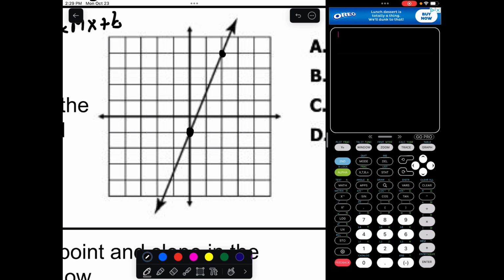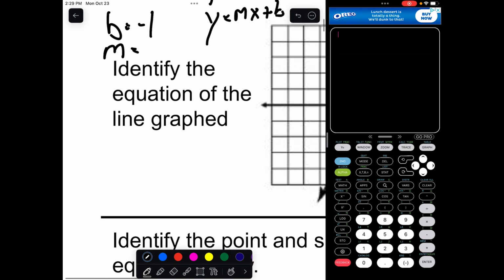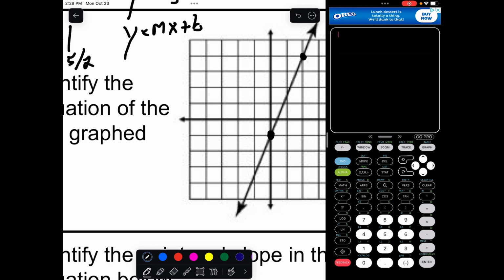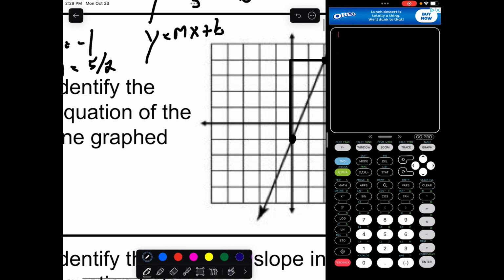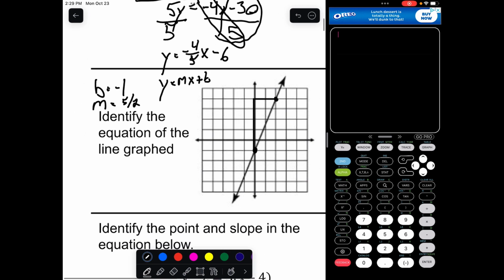To get from this point to that point, if I'm going rise over run, I'm going up 1, 2, 3, 4, 5, and over 1, 2. So up 5 and over 2. Oh, so up 5 over 2.